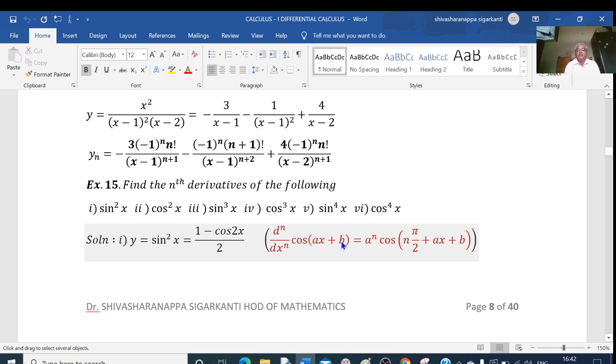So nth derivative of cos of ax plus b is a power of n cos of n pi by 2 plus ax plus b. Similarly, nth derivative of sin of ax plus b is a power of n sin of n pi by 2 plus ax plus b.